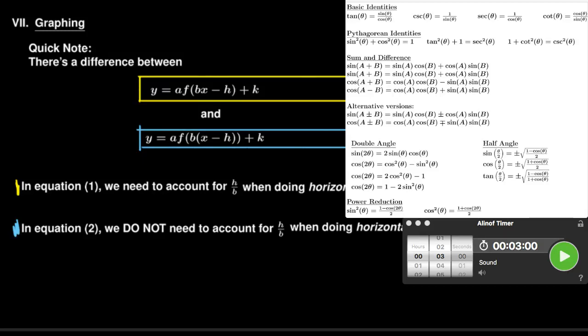Basically you can think of it as in the yellow one, there's just numbers in there, we're just working with the numbers. In the blue one, they were special enough where we could have factored things out. So in equation 1, the yellow one, you actually do have to use h over b. There were a few people that used h over b in the last test when it was actually in the form of the blue one.